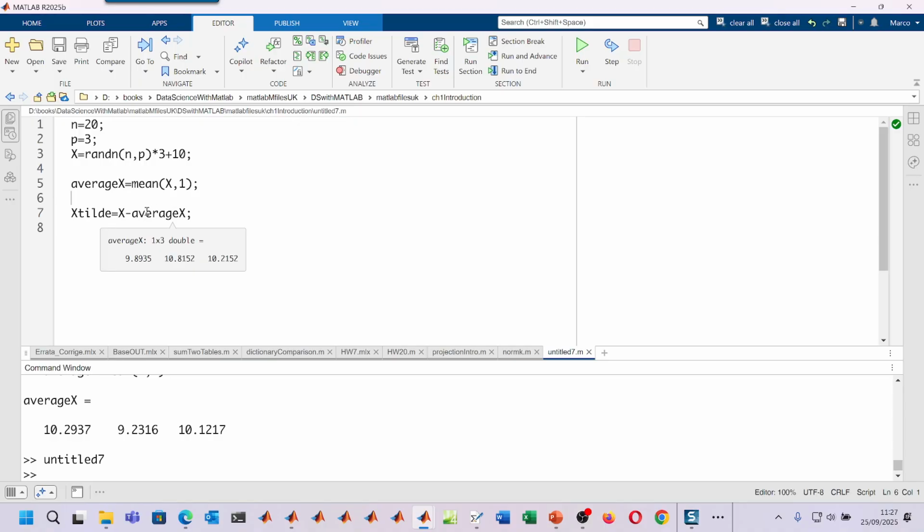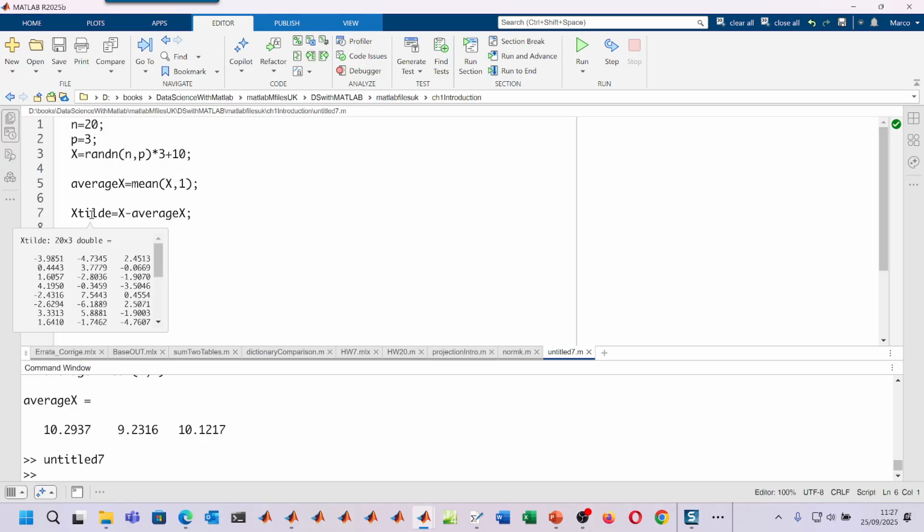Now you have removed from each column the average, and then you have a new matrix, which is x tilde, the matrix for which from each column you have removed its mean. So now the mean of x tilde will be what? The mean of each column. Tell me.